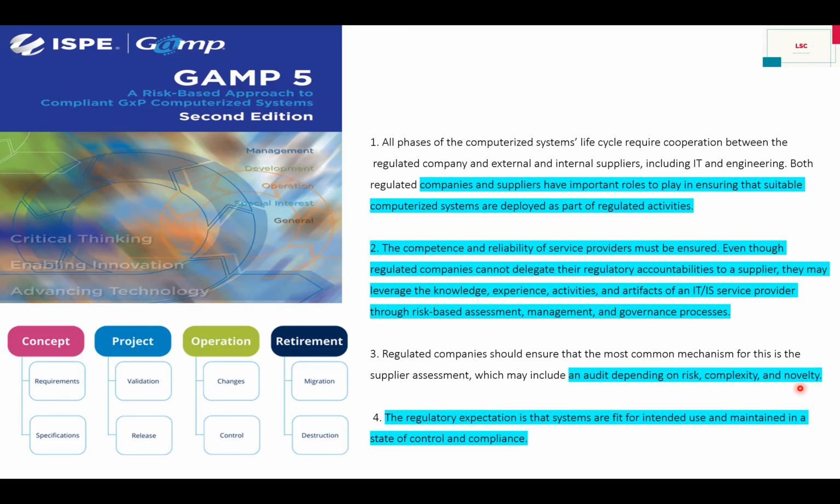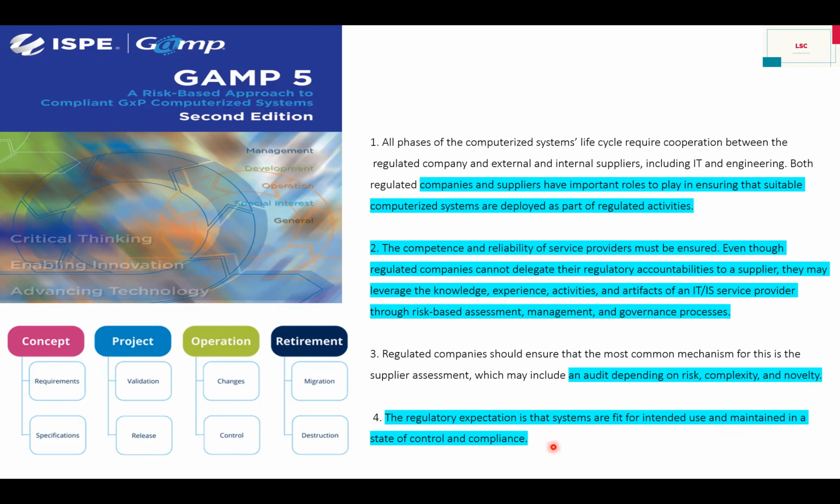The regulated company should ensure that the most common mechanism for this is supplier assessment, which may include an audit depending on the risk, complexity, and novelty. Right? The regulatory expectation is that systems are fit for intended use and maintained in a state of control and compliance.